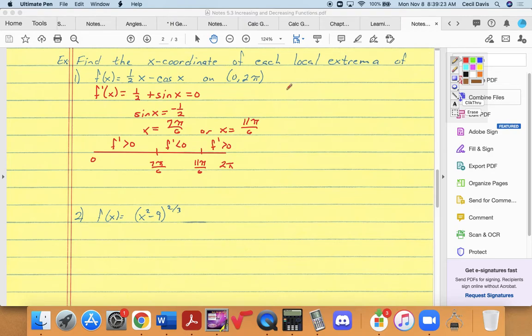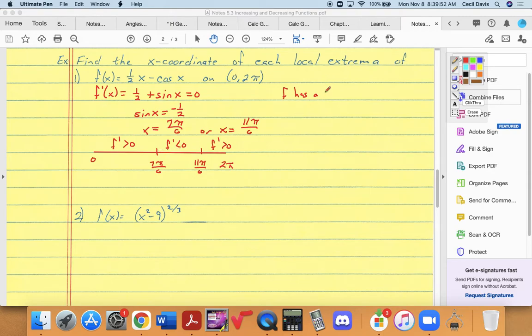So f has a what at x equals 7 pi over 6? Local maximum. Well, f prime is positive here, which means f is increasing, and then it changes to f is decreasing.